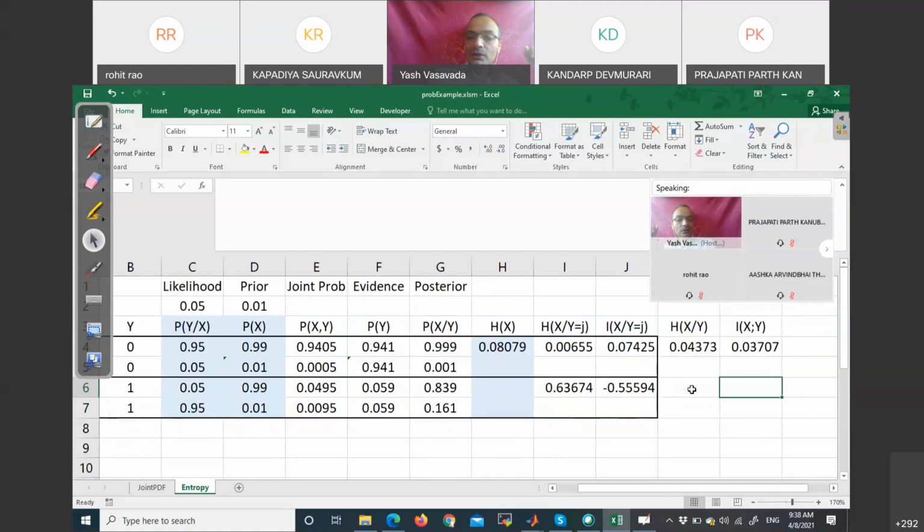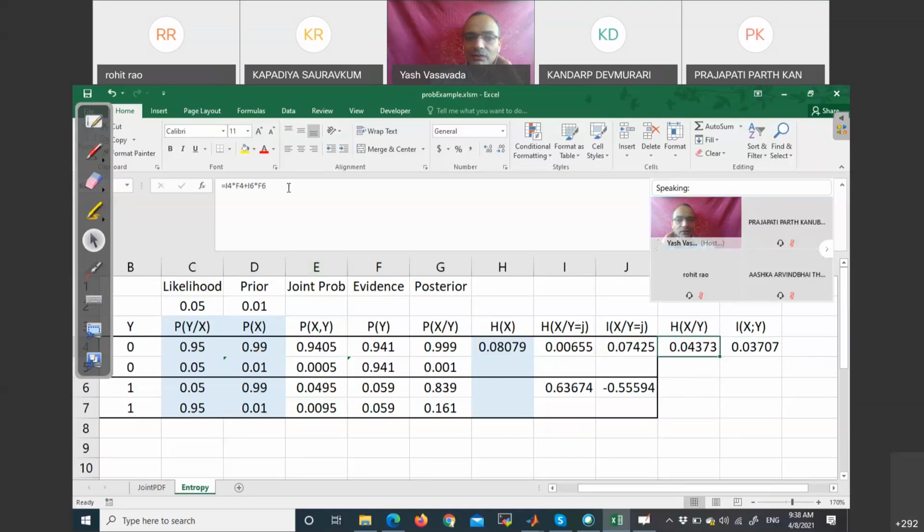What has been proven by mathematicians is that the conditional information can indeed become negative, like what we saw here, but the average information is always going to be positive, no matter what. Either it will be 0 or it will be positive.